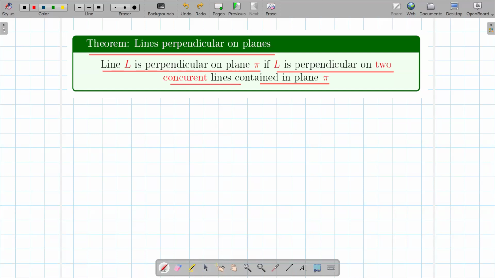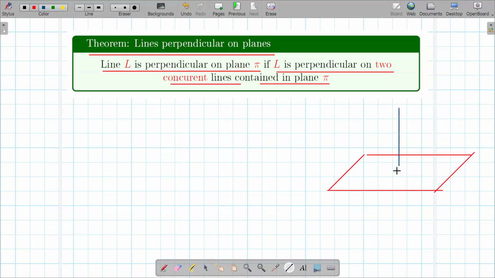It's actually a very, very important theorem. Well, look, here's a plane pi. Okay. And let me draw a line like so here.